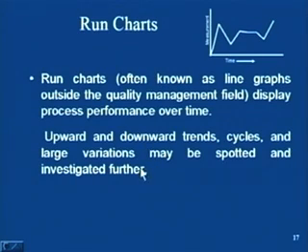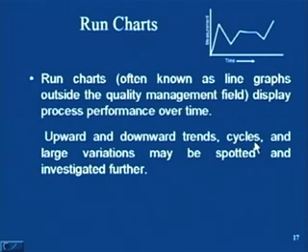So, this is the additional benefit apart from the order of the observation: the run chart also reveals the trends. Trends may be an increasing trend, a decreasing trend, or an increase in the dimension from one observation to the next.